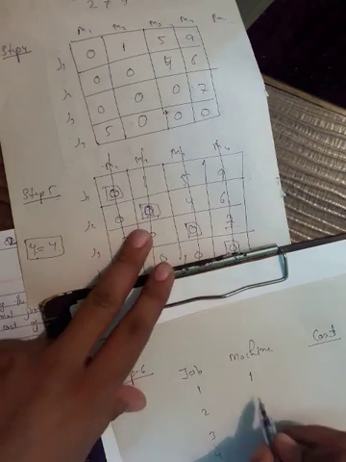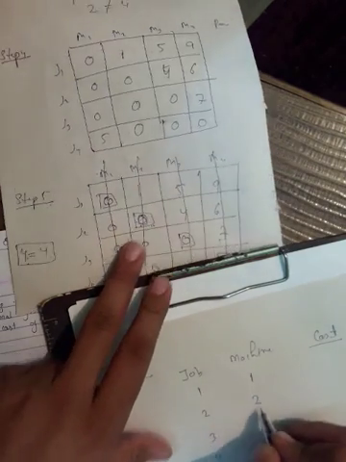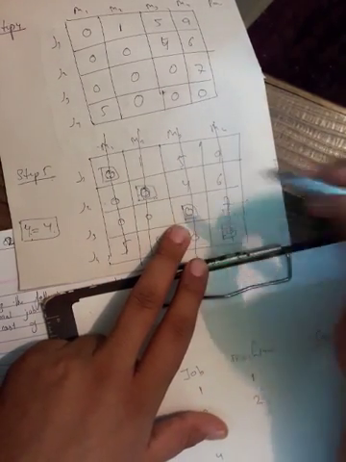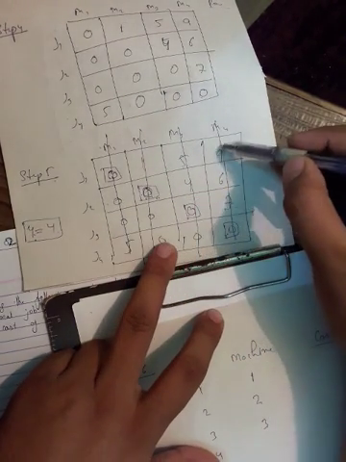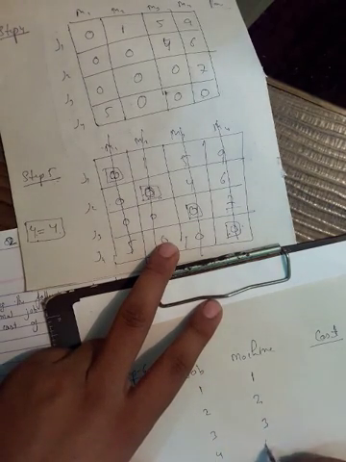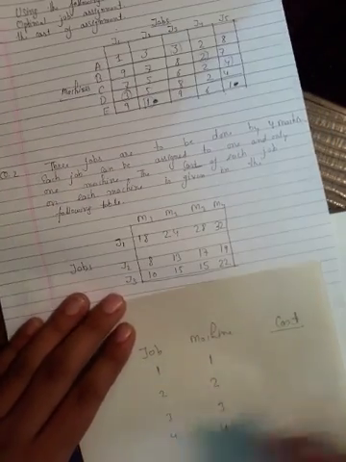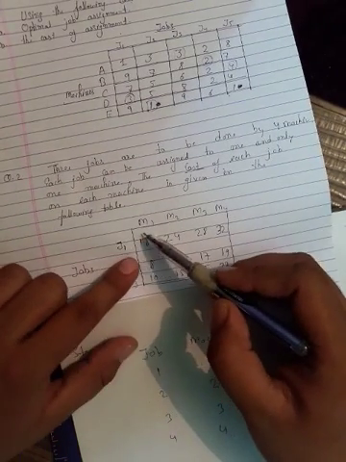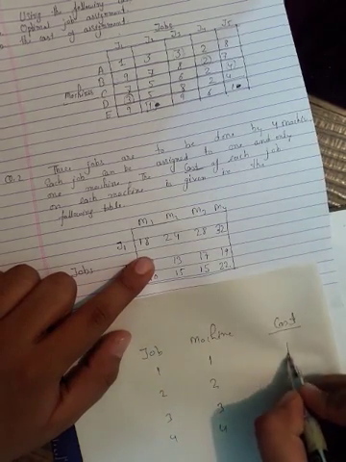Job 2 is being completed by 2. For job 3 we got M3. For job 4 I got 4, so I write it here 4. Now from the question, see here, for job 1 the work done by machine 1 has a time cost of 18.